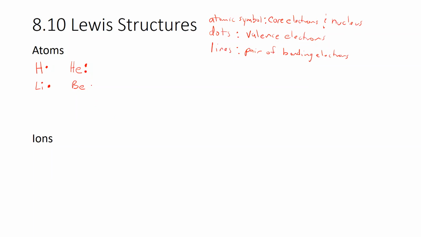And so as we place electrons around an atom, we're going to split them up. They must be on different sides, so remember: right, left, bottom, or top. I generally write them on opposite sides for beryllium, but that's a personal preference. You'll see why I do that later. The reason that you put them on different sides is because those electrons will be used in bonds.